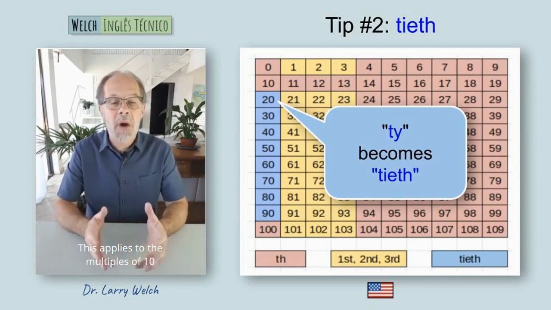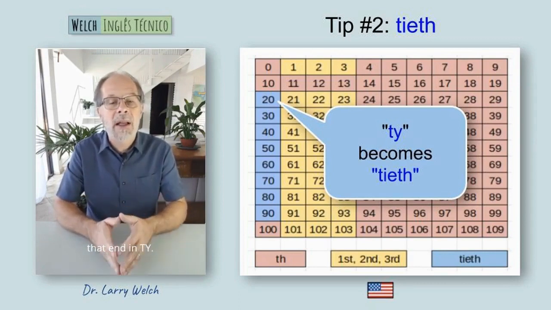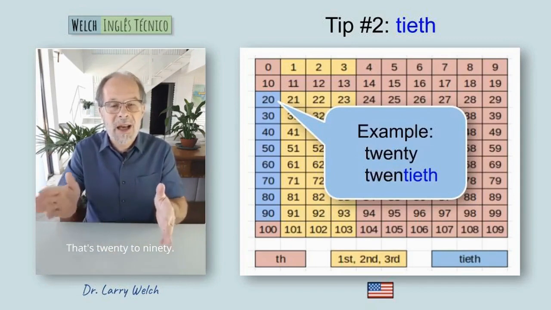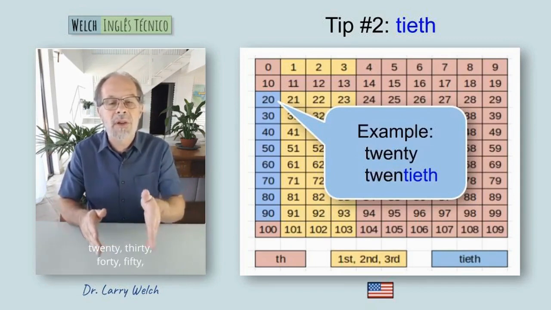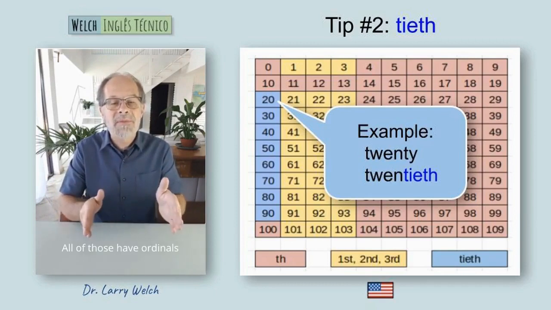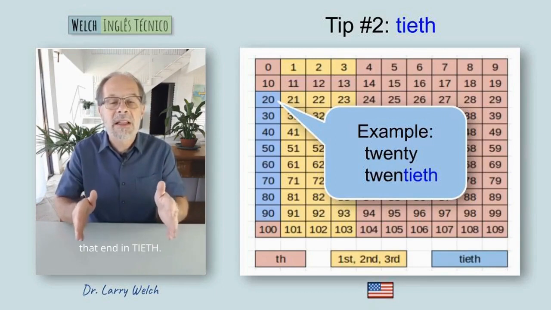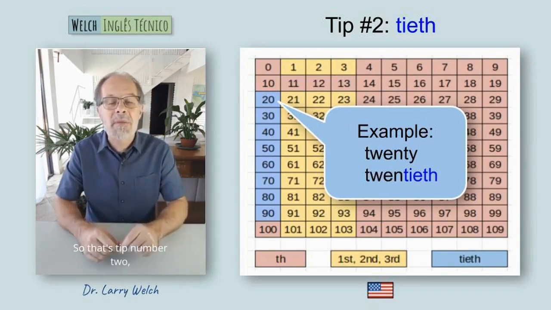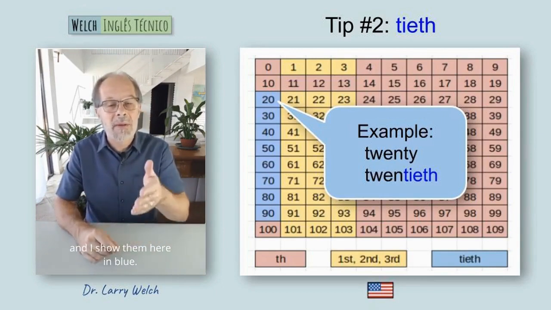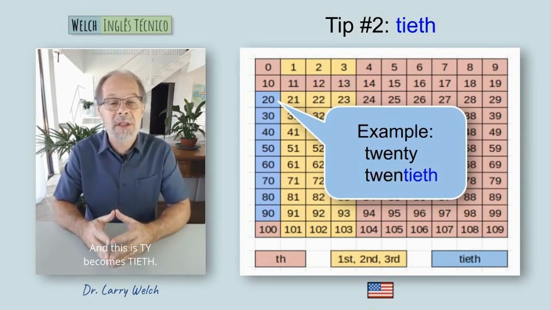This applies to the multiples of 10 that end in TY. That's 20 to 90: 20, 30, 40, 50, 60, 70, 80, 90. All of those have ordinals that end in TIETH. So that's tip number 2, and I show them here in blue.